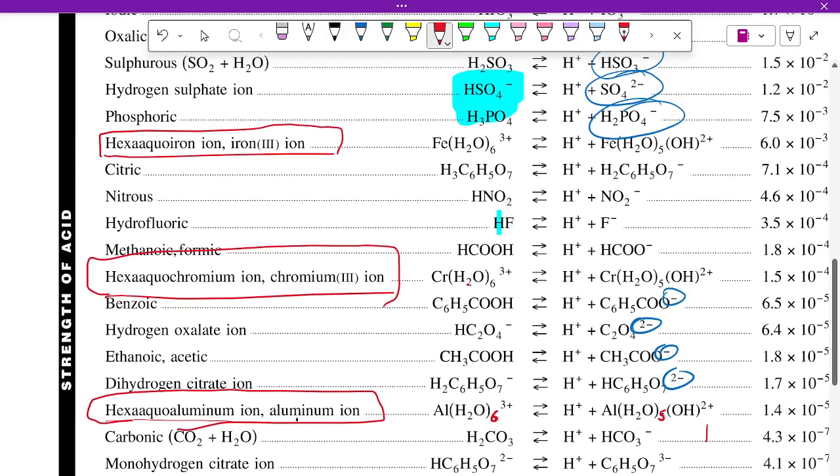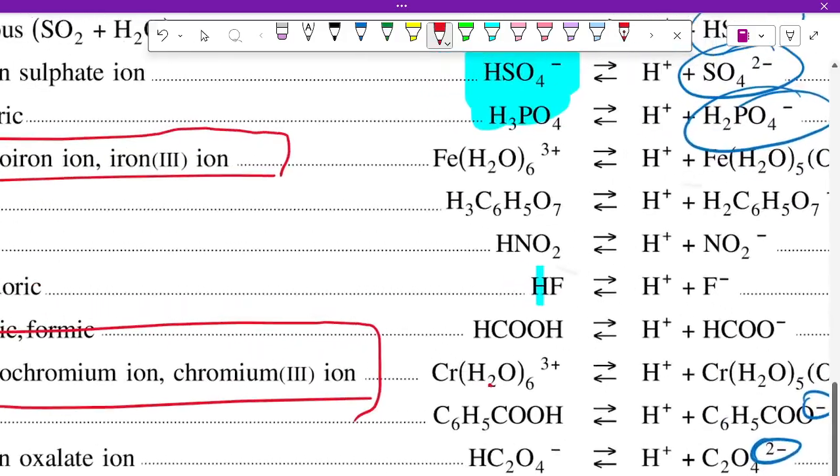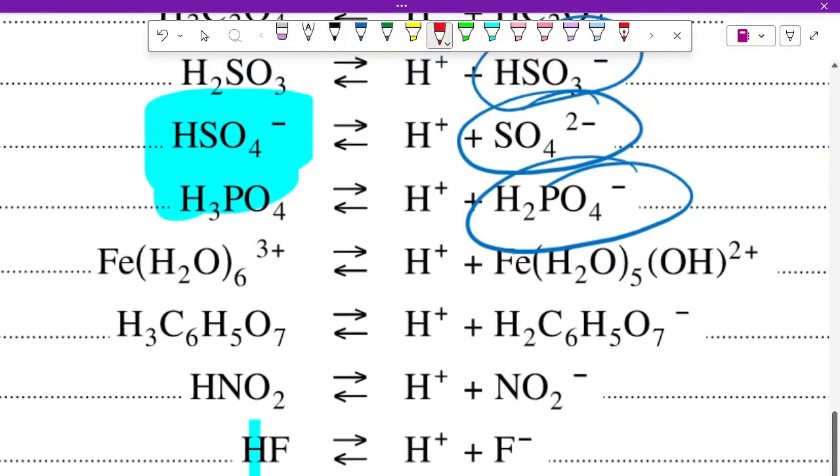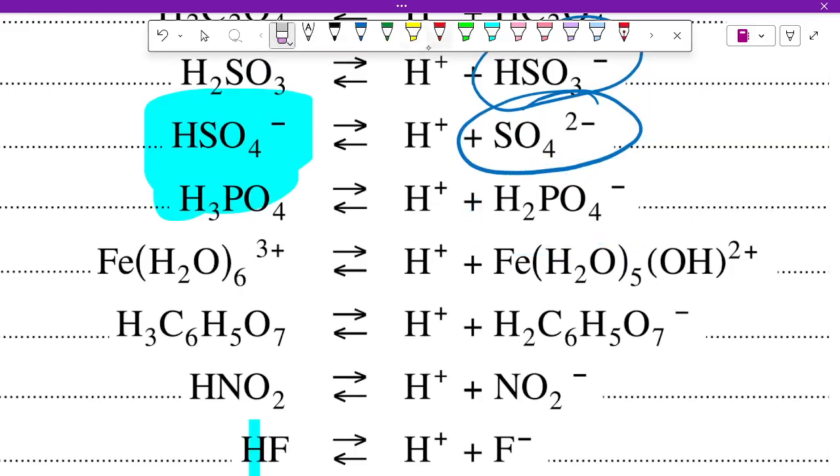And you can see that when iron acts as an acid, it's not just iron, it is iron along with a bunch of waters. How many waters? 6 waters. How are you going to know that? You're going to remember Fe, Cr, Al and you're going to look it up on the table. You don't have to memorize that it's 6 waters. You don't have to memorize that formula. You don't even need to know what it turns into afterwards, because what it turns into after it donates a proton is also given on the table.